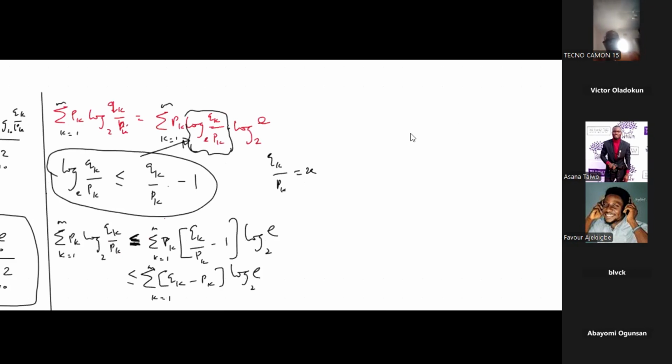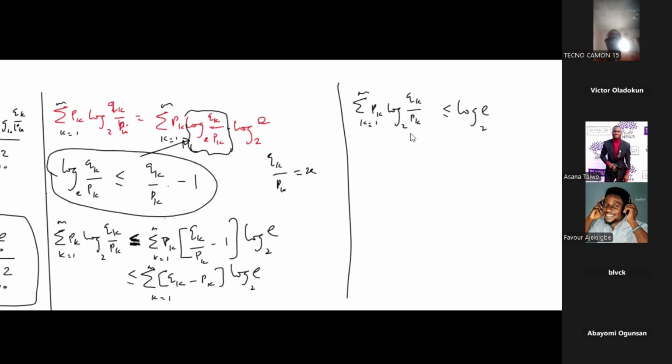So from this, we can now establish that sigma k taking values from 1 to m, p sub k log q sub k over p sub k base 2 is less than or equal to log e base 2. This is more like a constant.